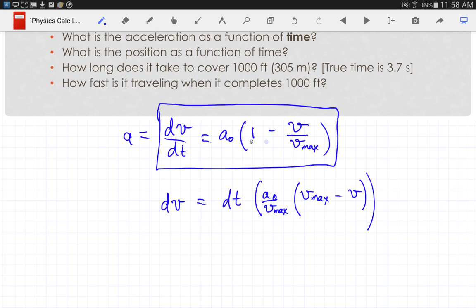Now, what I did was factor out the 1 over Vmax, which meant that this one had to be Vmax over Vmax, so there's a Vmax there. And now I'm going to change the sign and divide everything by V minus Vmax.